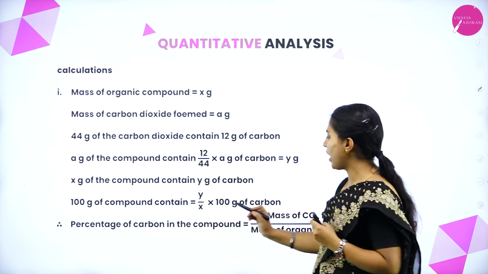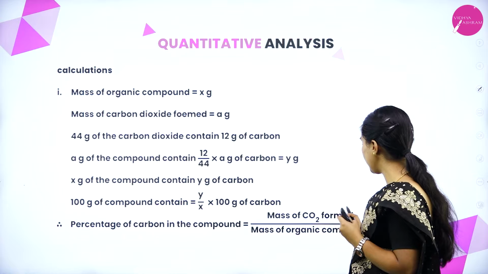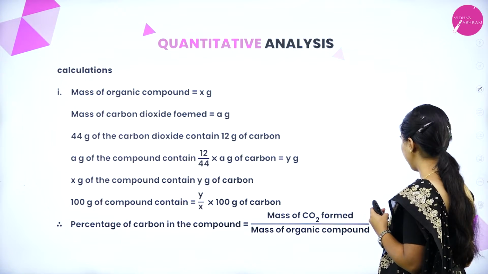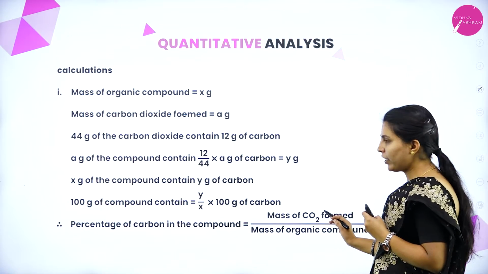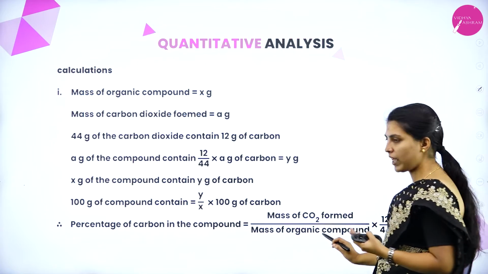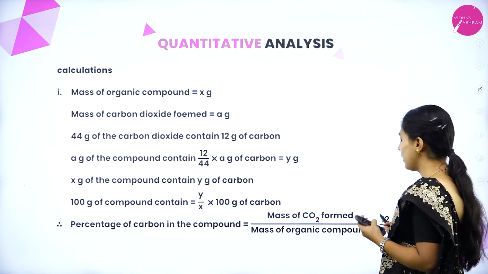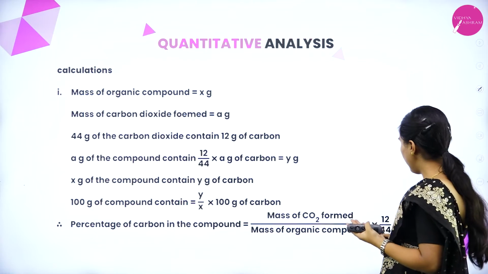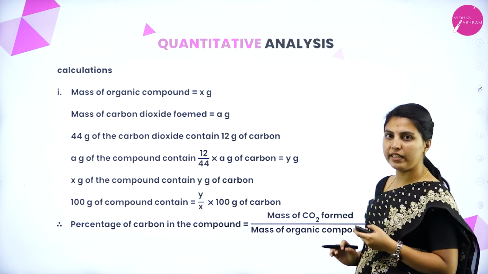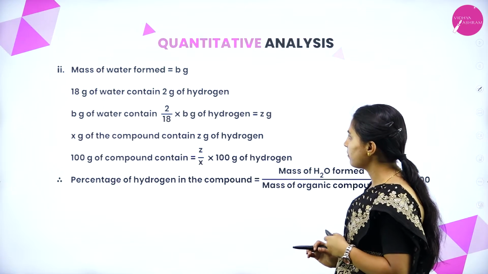Therefore, percentage of carbon in the compound is mass of carbon dioxide formed by mass of organic compound into 12 by 44 into 100. This carbon dioxide we got from the combustion tube, and this is the overall mass of organic compound. 12 is the atomic mass value, and 44 is the molecular weight, into 100 because we are calculating the percentage.